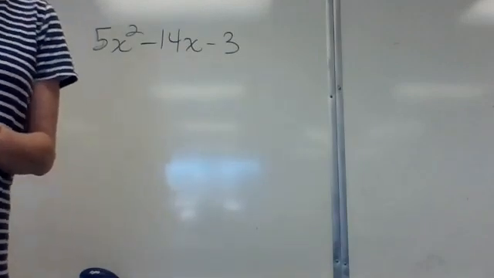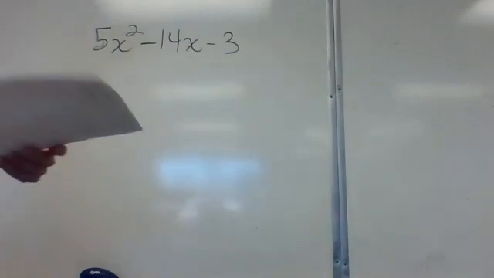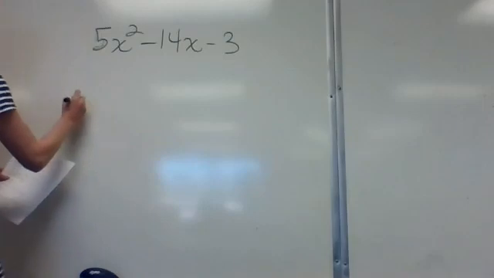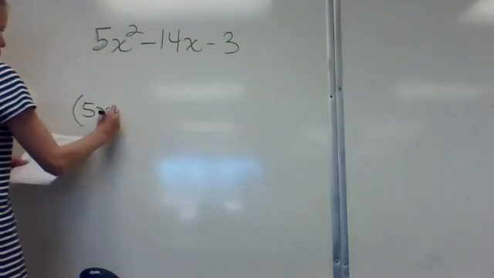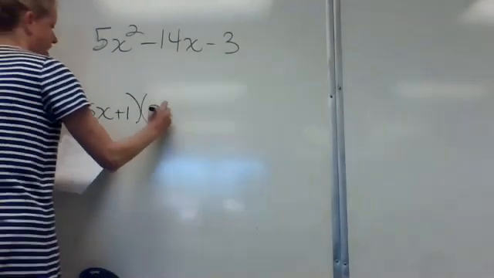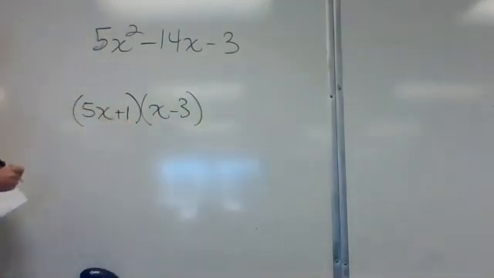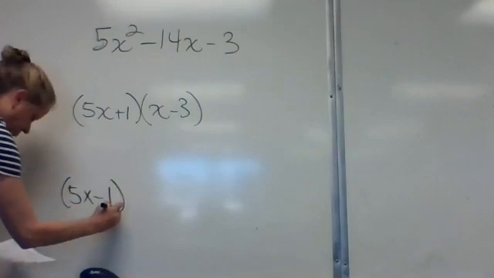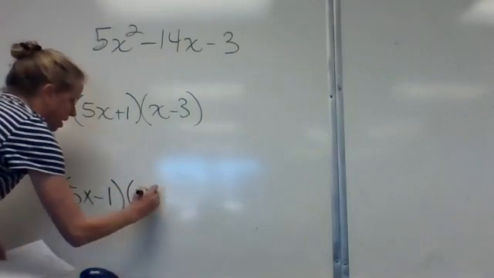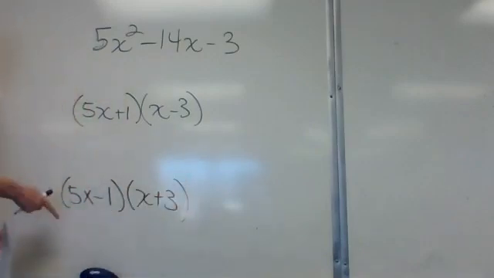And then it's multiple choice, and it says which one of these is the correct form. It's either 5x plus 1, x minus 3, or 5x minus 1, x plus 3.